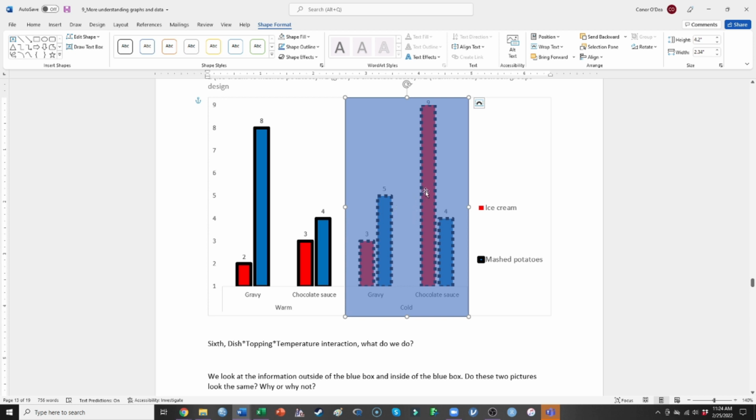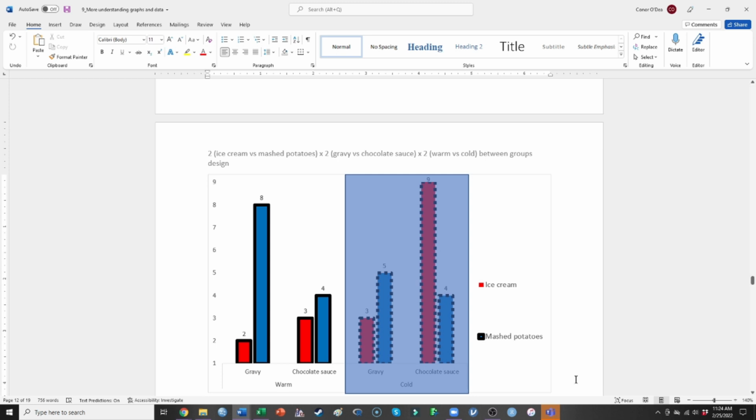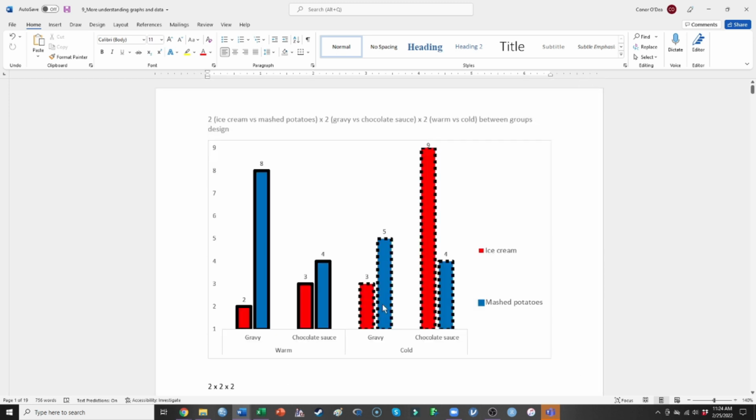So I hope that this helped all of you to better understand main effects and interactions. These are complex topics. Oftentimes students, especially students in entry-level statistics classes, really get confused and they find it hard to ignore variables. And that's, I think, the hardest thing for students. Whenever I ask, is there a main effect of dish?